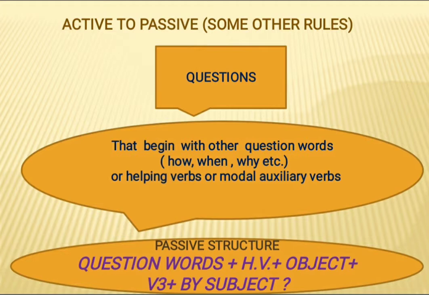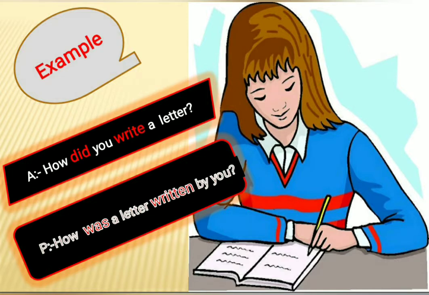After that you have to write the object of the sentence, and then you have to write the third form of the verb, and at last you have to add by plus subject. Let's see this example. In active voice it is written, "How did you write a letter?"